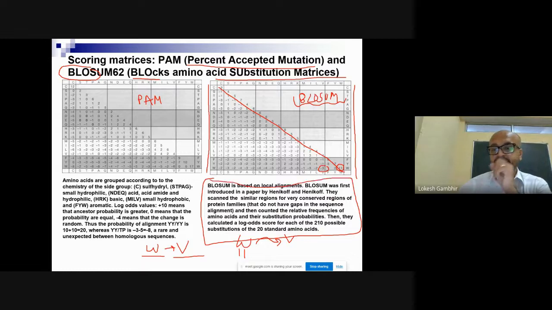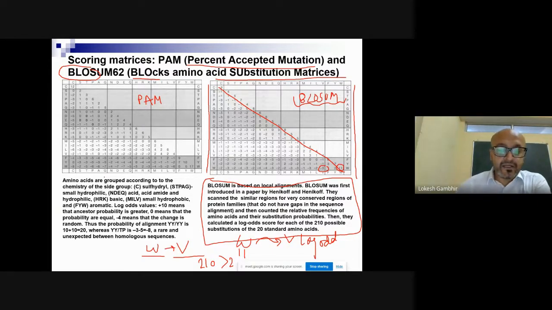Please remember, first they calculated the probability values. Then they converted those probability values into log odds scores. These values that you see are log score values, and they did this for all the 210 possible substitutions that arise from 20 amino acids, which you can get by 20C2, the combination.